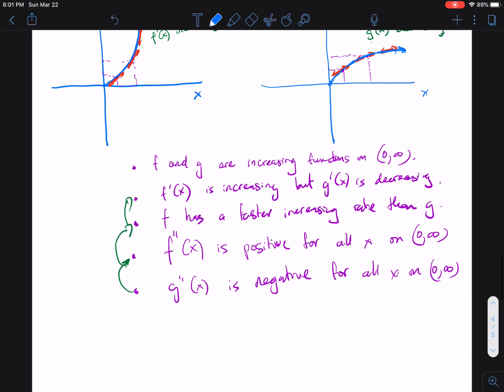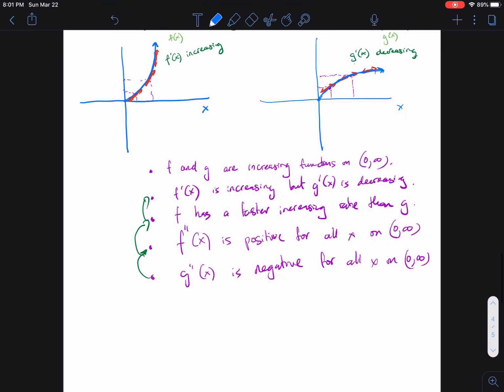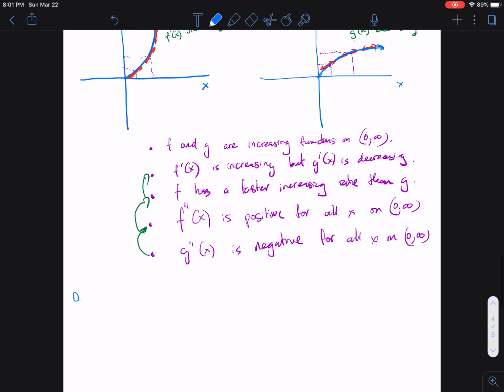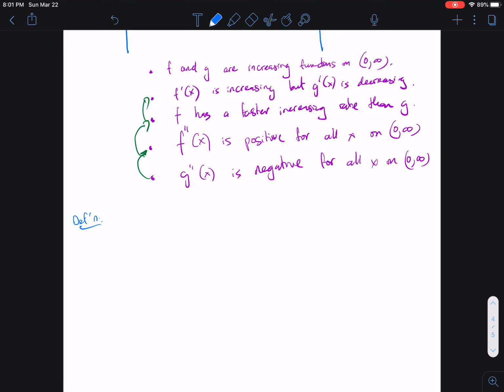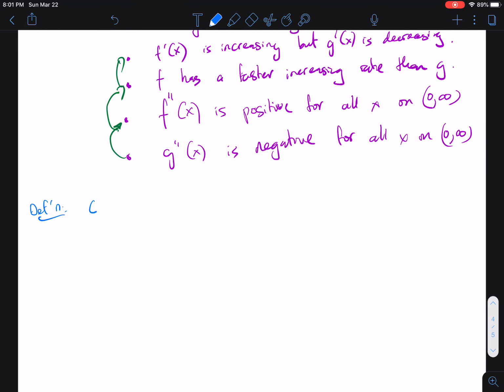So let's go ahead and define what that is. Definition of concavity.